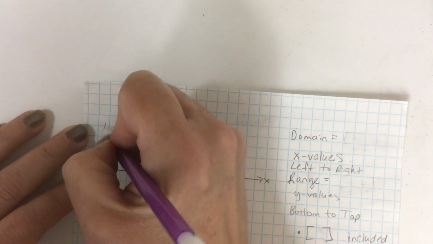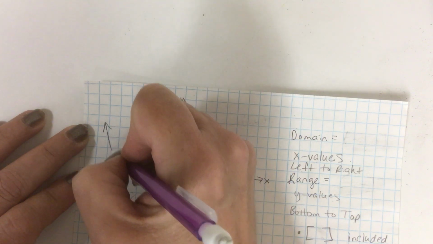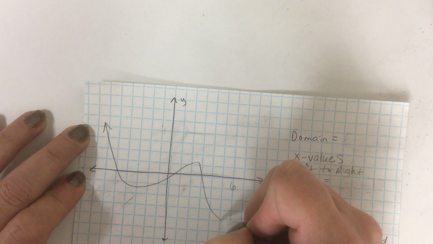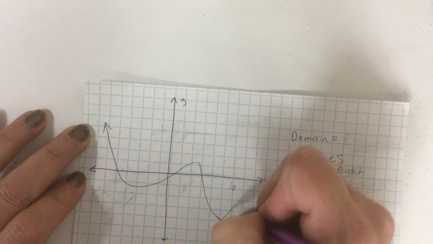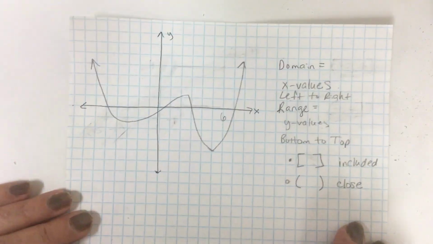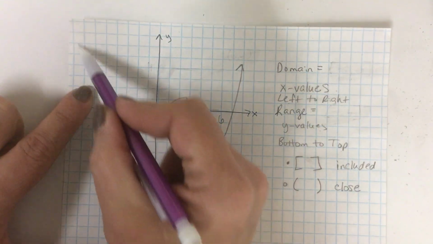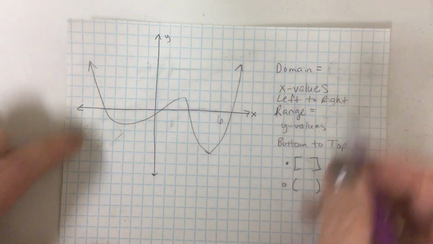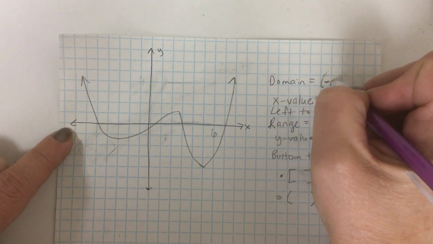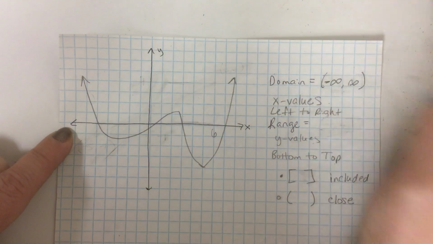Okay, so let's say we have an arrow here, and let's say our function looks like this. The arrow means it goes on forever, both directions. So my domain is going to be -infinity to +infinity.